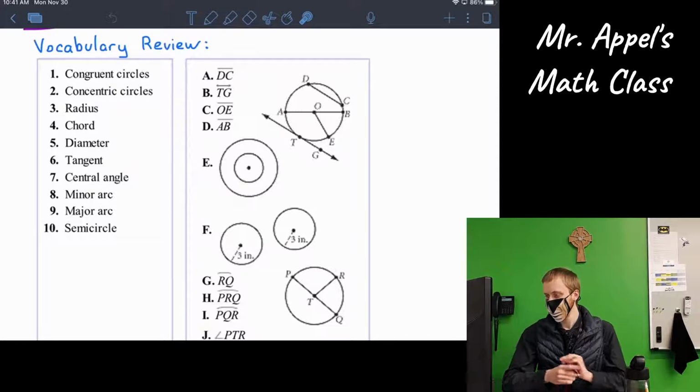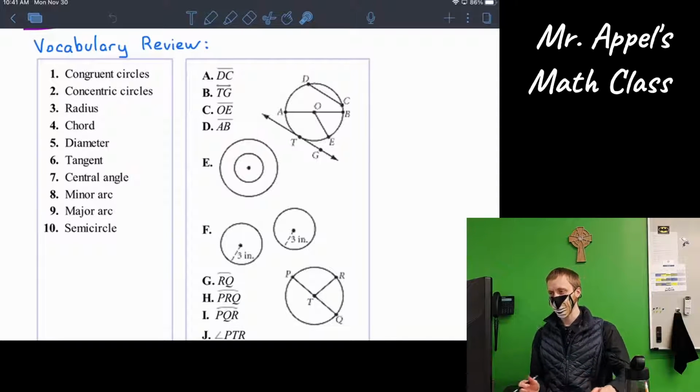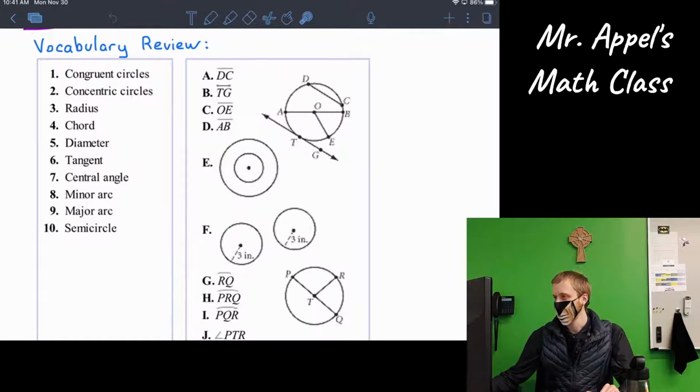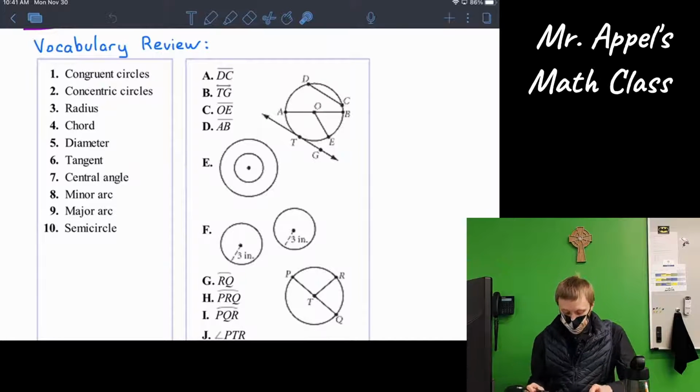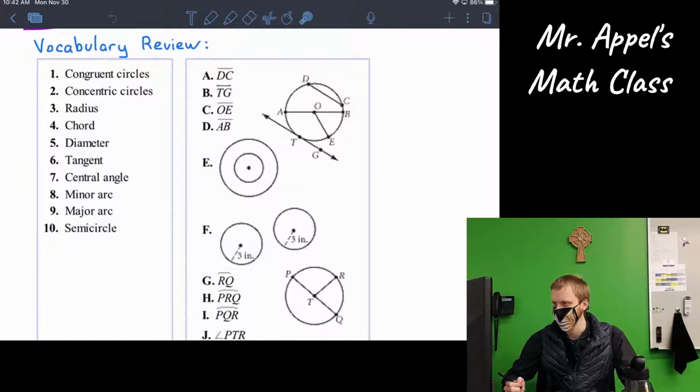I've got 1 vote in, and everybody participating today. I better see 11 letters down there. That's 2. Congruent circles. 2 circles, same size, same shape. Well, they have to be the same shape. They're both circles, right? That's 3.